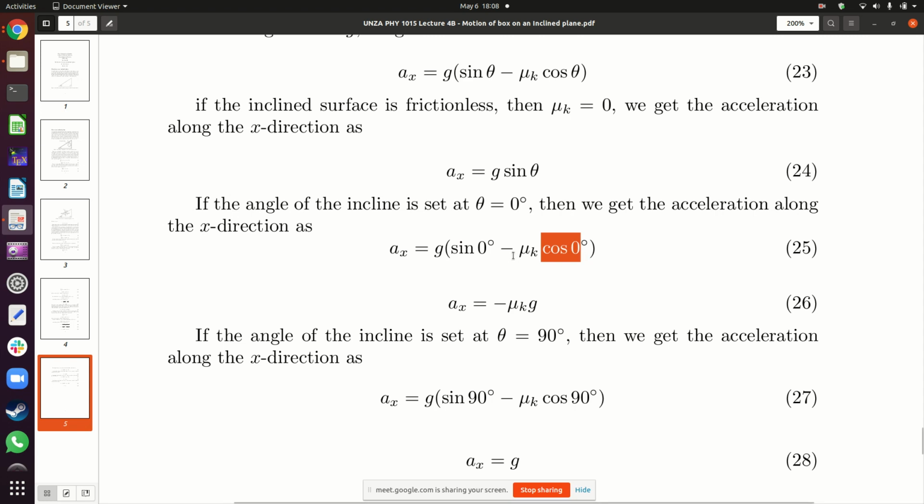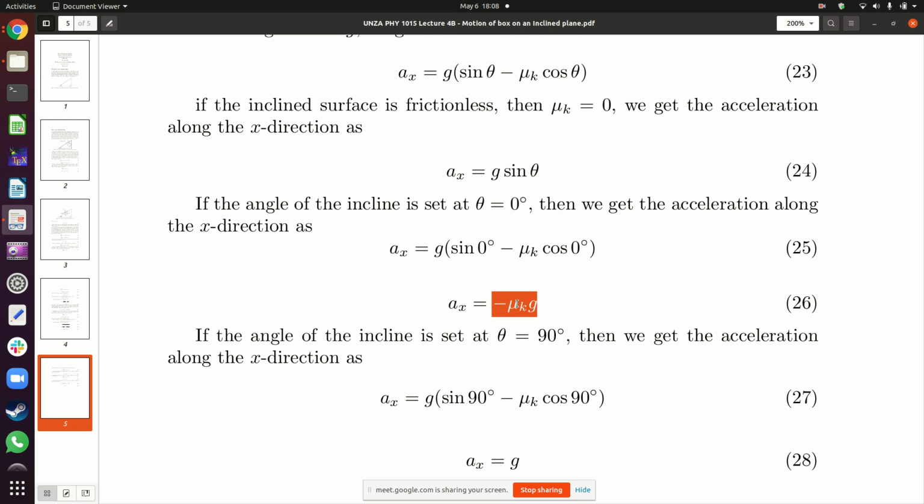So you're just going to end up with minus mu k multiplied by g. So in this case, when you have a flat surface, the acceleration is equal to minus the coefficient of kinetic friction multiplied by g. Is that clear? That is why this acceleration explains why an object which is sliding comes to a stop.